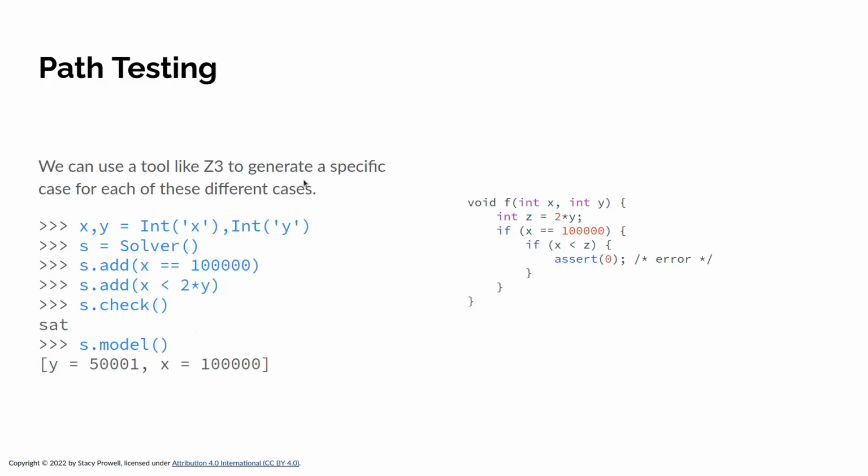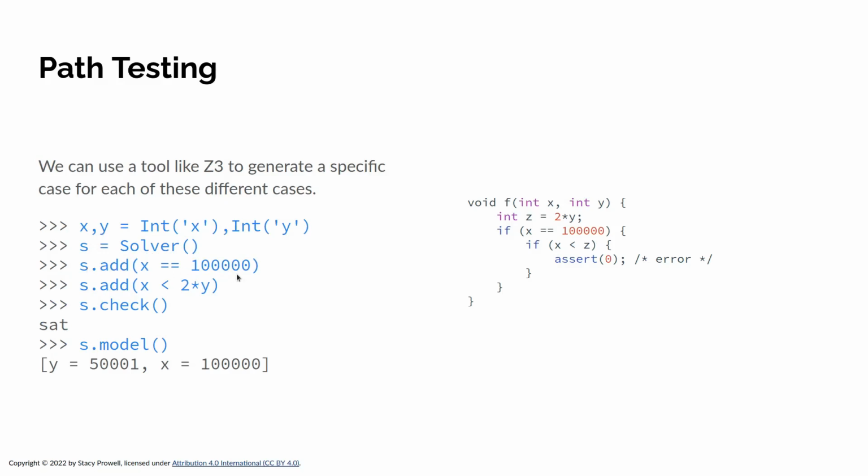We can use a tool like Z3 to generate a specific case for each of these. So I can have X and Y be int X and int Y, and this is perfectly valid Python. Python has a lot of little neat shortcuts in it. X and Y, it's a little pair, and I can assign it a pair. In this case, I assign it these, and I wind up with 2 integer variables X and Y. I make a solver.